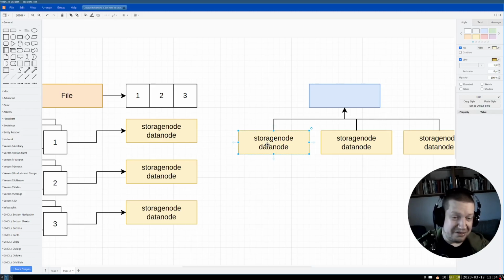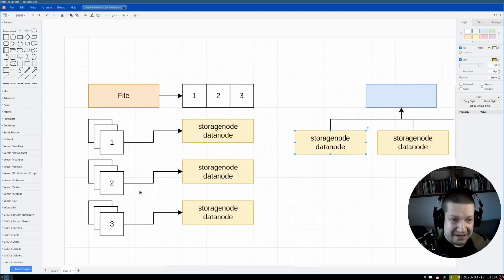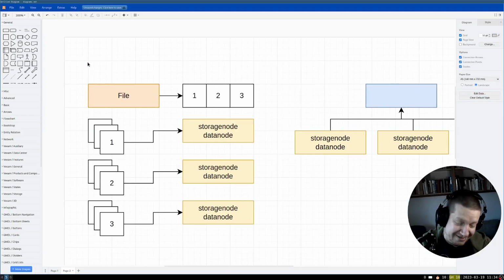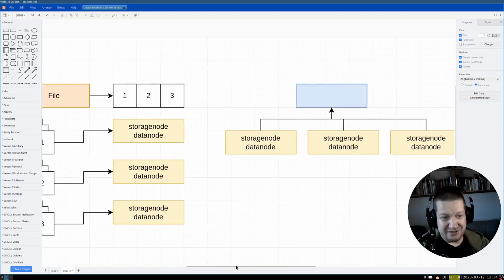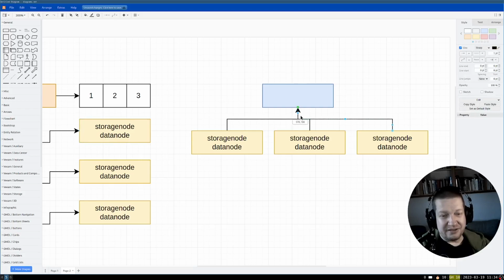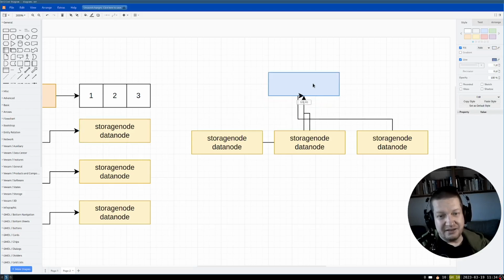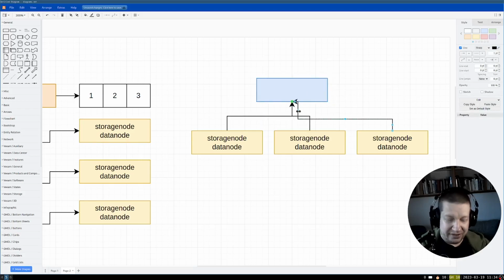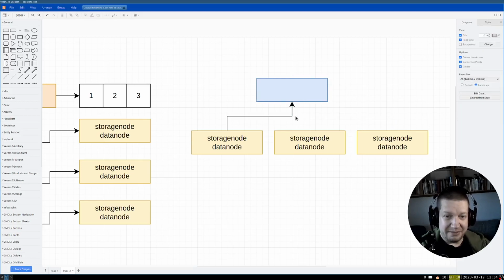They store all of these single pieces, but somebody should know what is stored where, right? We need to recover in case of problems, so we should know what's there. In the case of Hadoop, HDFS and Ozone, these nodes report back what they have.